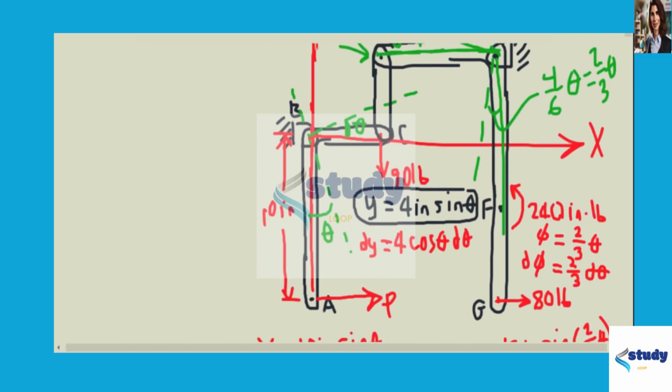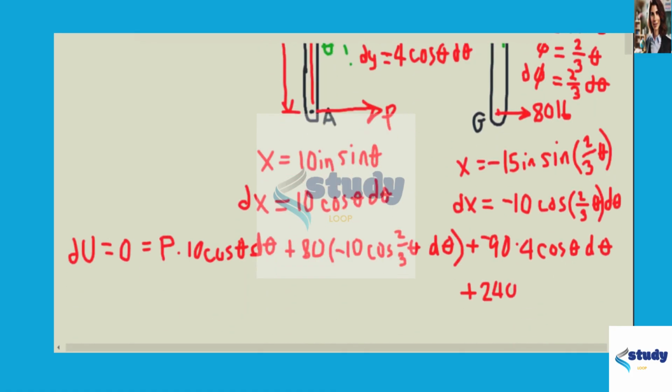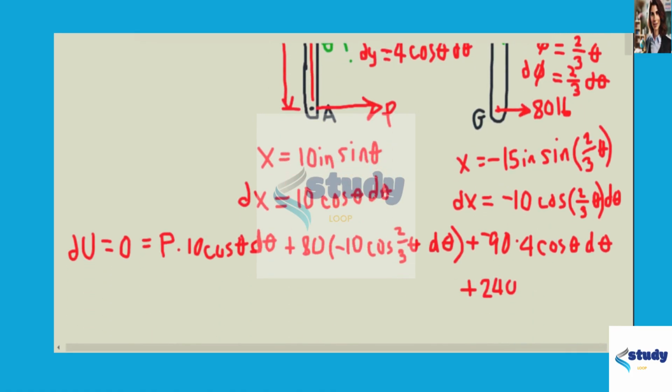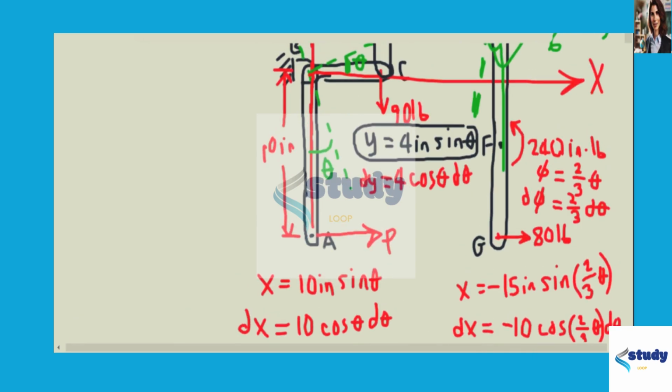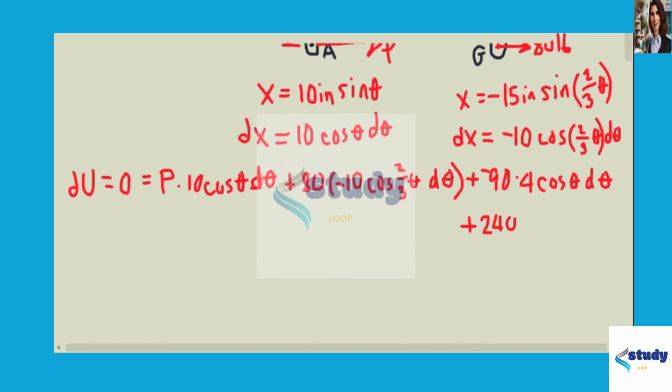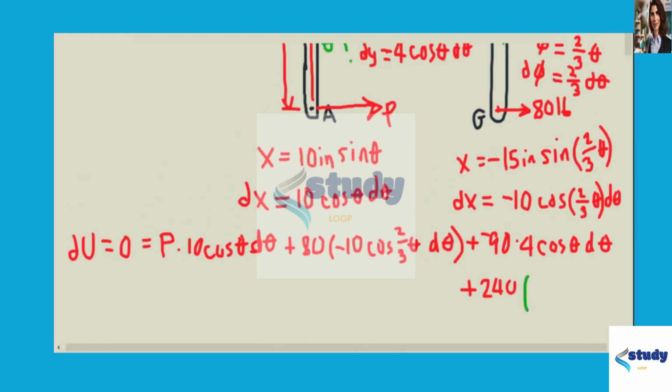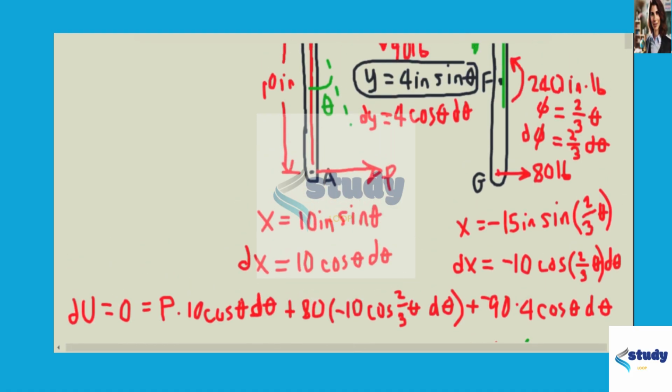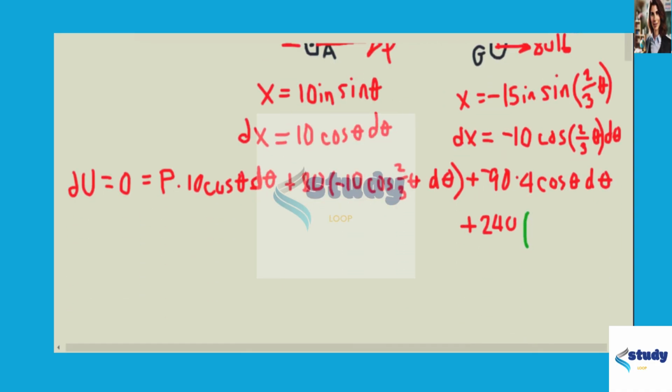But the displacement, as you can see here, or the rotation, is going to be a negative rotation. It's going to be opposite of the direction of the moment. And so, negative 2/3 d theta.